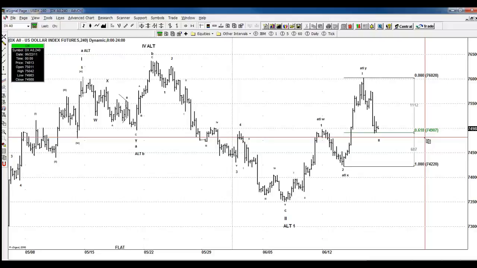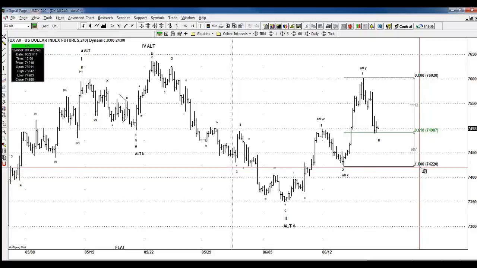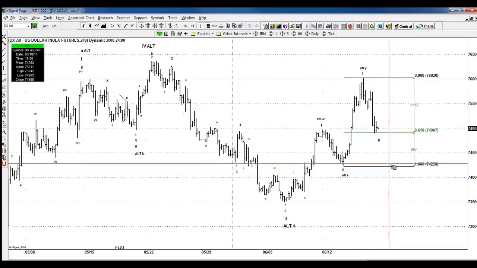We keep the bullish US dollar view until 74.20 is taken. And let me explain to you guys how we see it.